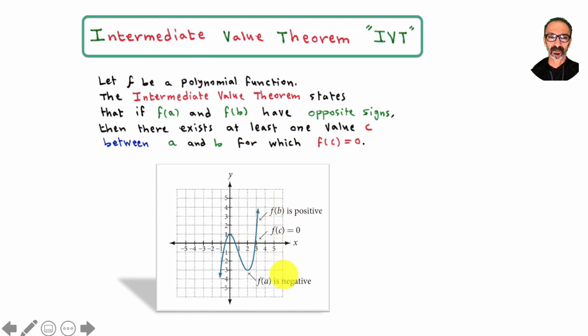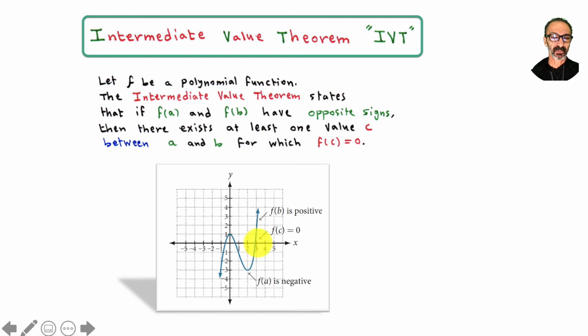So if you are at some location down below the x-axis, a negative value, and once you move to the right a little bit, you are having positive values, so you are above the x-axis. What the intermediate value theorem says is there is no way that you could go from negative to positive without crossing the x-axis at least once.